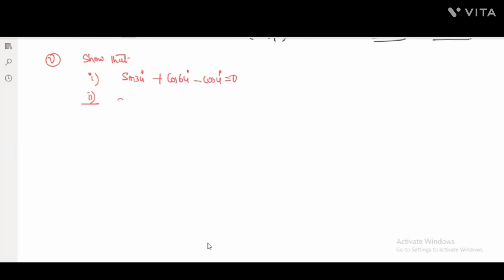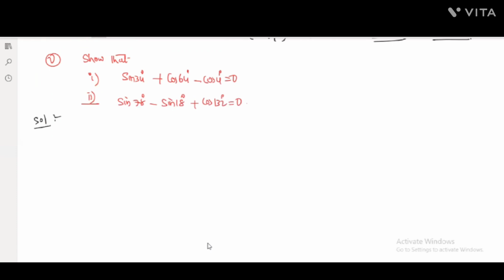And the second question is sine 78 degrees minus sine 18 degrees plus cos 132 degrees is equal to 0. So these two we have to prove. Let's see the solution for this one.